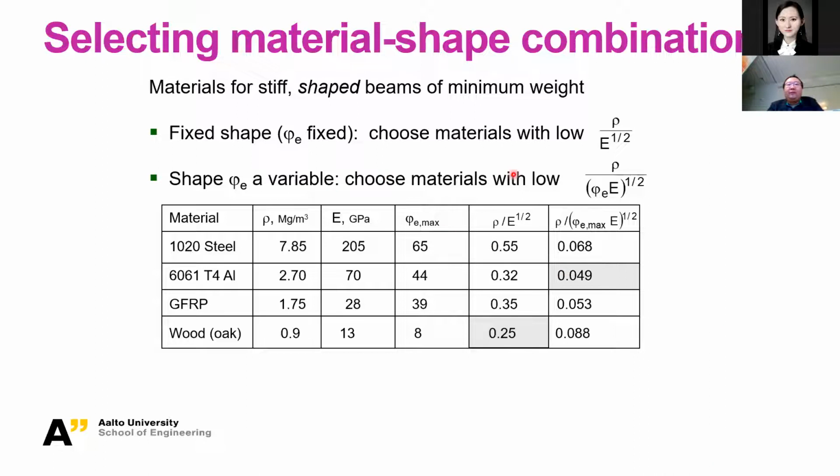As before, if we just consider the constant shape, meaning we have a constant shape factor, you are very familiar with this equation already. You know so many different ways to find a very good material in terms of this.